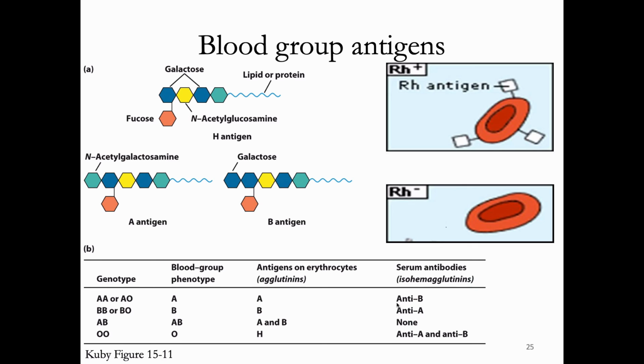And in the end, you have red blood cells that either have A antigen, B antigen, A and B antigen, or no carbohydrate. You can also have RH or not. In fact, the RH antigen is going to be the one that's particularly important in our example here. But the idea that I want you to see is that this is an antigen that's on the surface of cells, specifically on the surface of red blood cells.